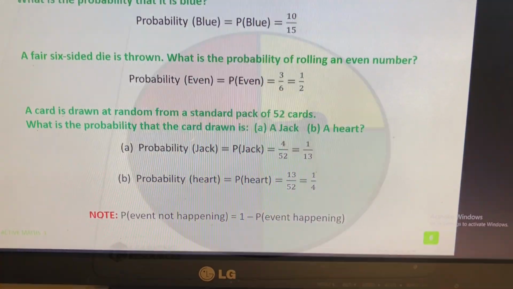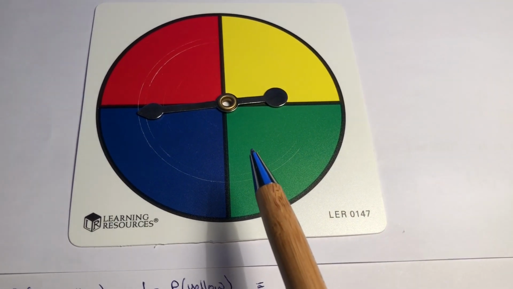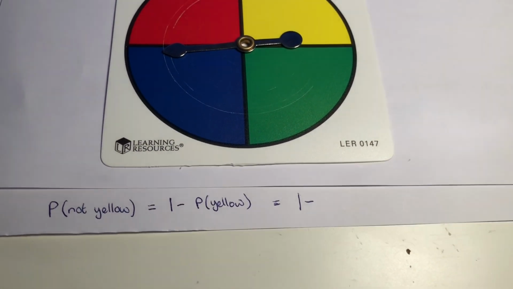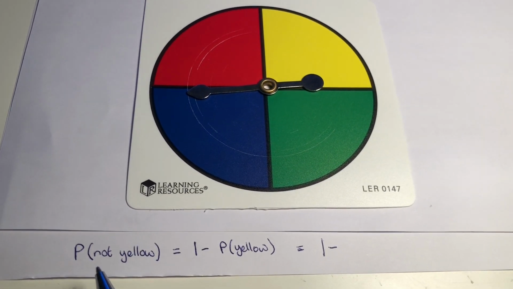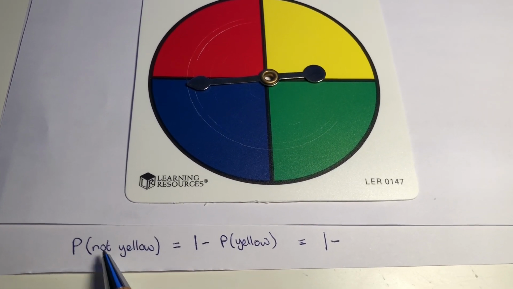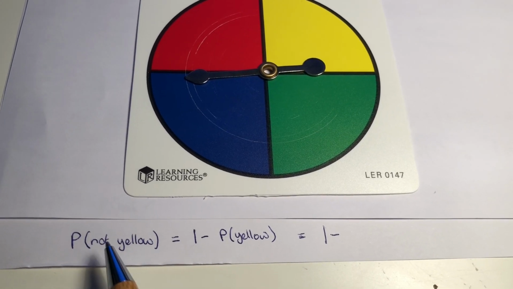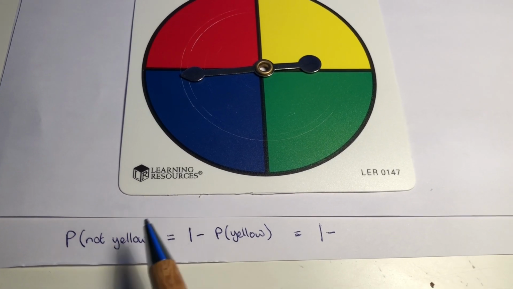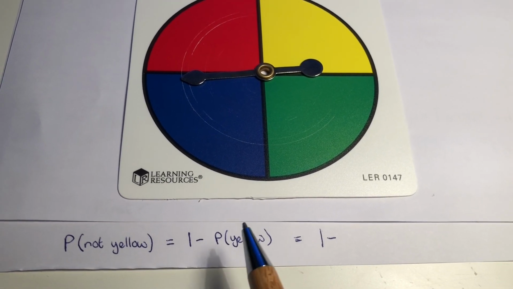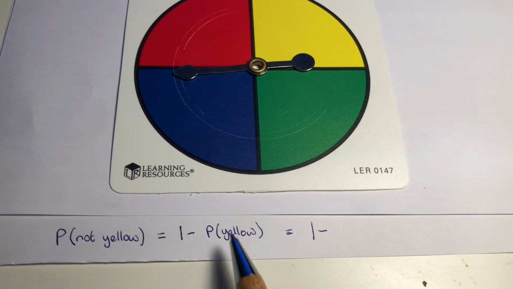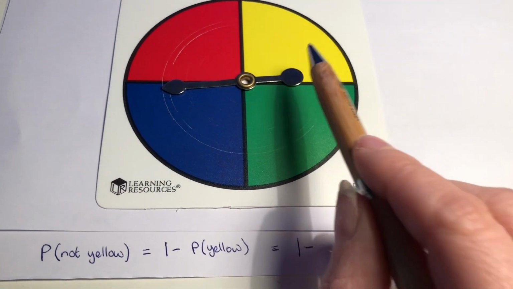Let's have a look at that in action. On this spinner, there are 4 sectors: red, yellow, green and blue. What is the probability that we spin the spinner once and we do not get yellow? Well, we know that the probability of not getting an event is the same as 1 take away the probability of getting that event. So 1 take away the probability of us getting a yellow.